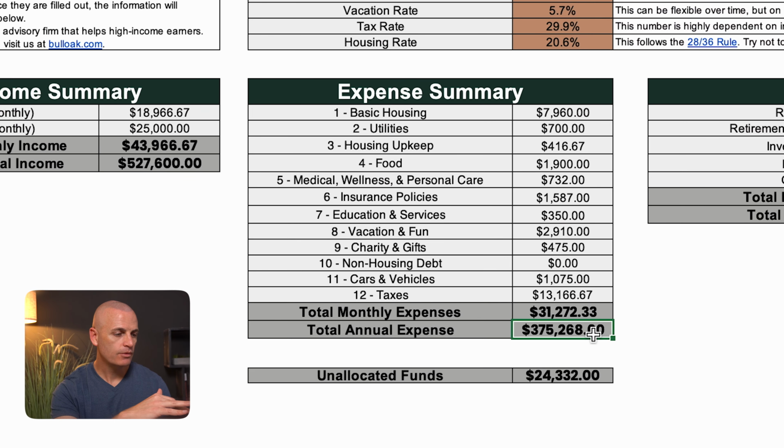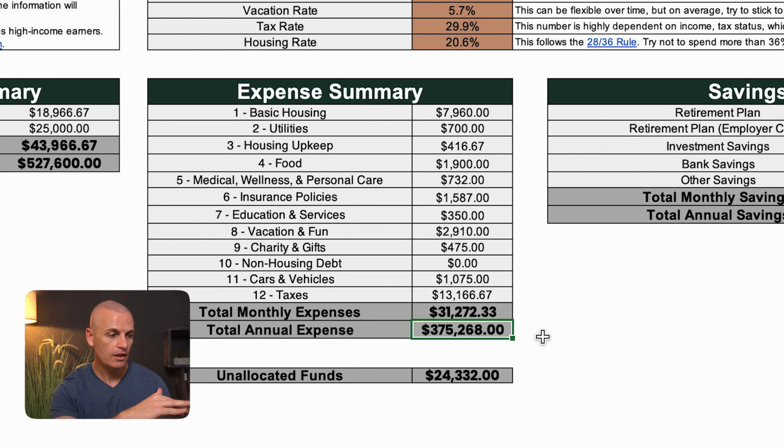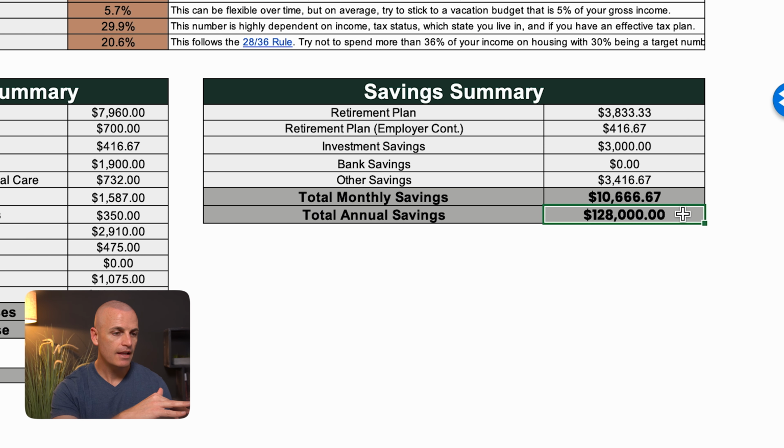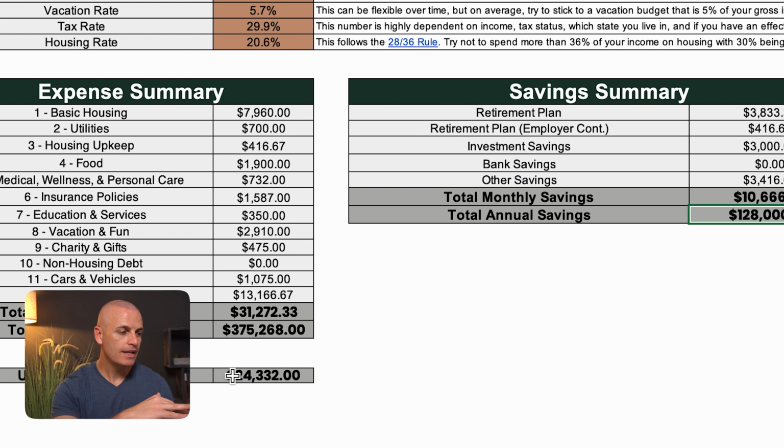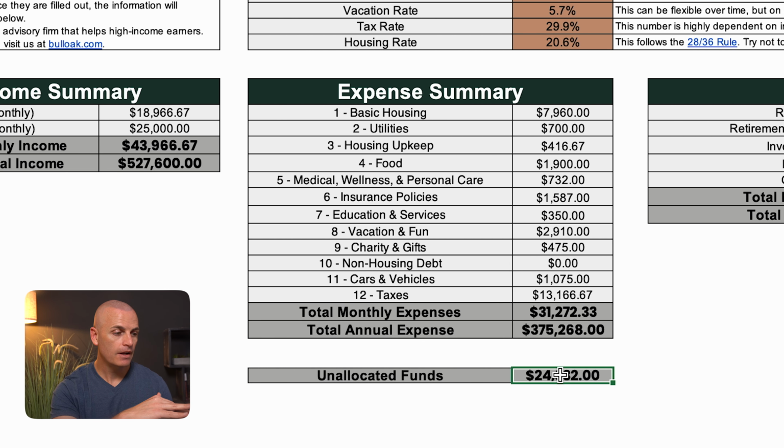They say that they are spending $375,000 per year, and they are saving $128,000. Now, there is an unallocated funds amount of $24,000. What does that mean? That means that $24,000 is not being accounted for. So all I did was take their income minus their expenses and minus their savings, and $24,000 is somewhere.